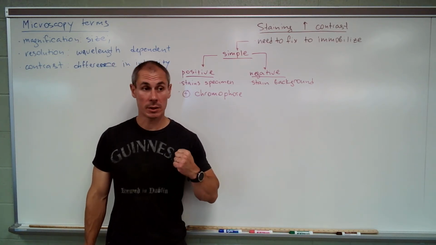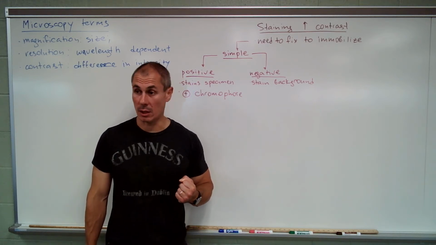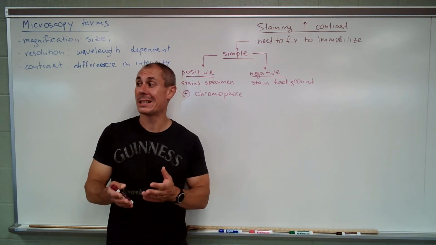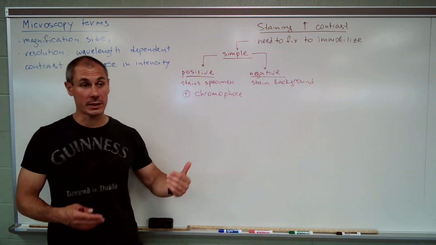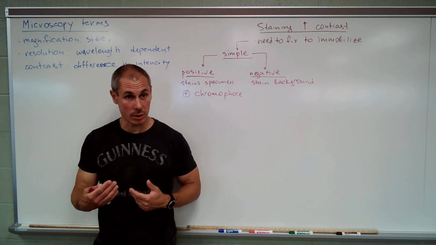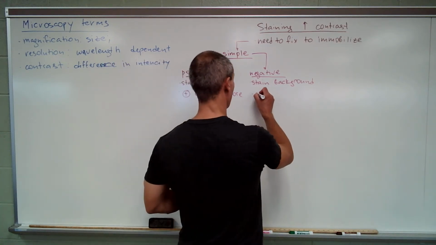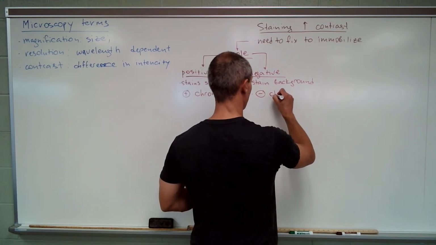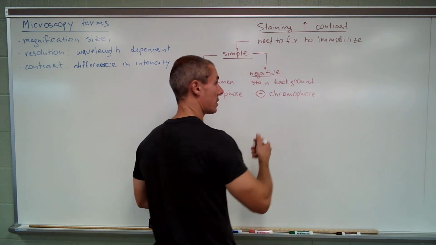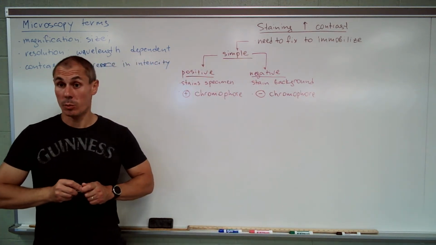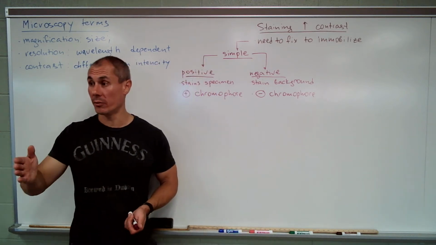If you remember our conversation last week, we mentioned that the surface of the cell, the cell membrane, is negatively charged. So positively charged chromophore effectively binds to negatively charged membrane, staining the cell. And negatively charged chromophore of negative stains doesn't bind to the membrane, stays in the background, being repelled from the membrane.